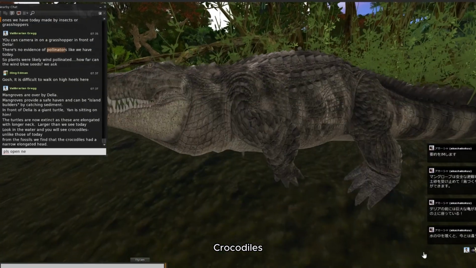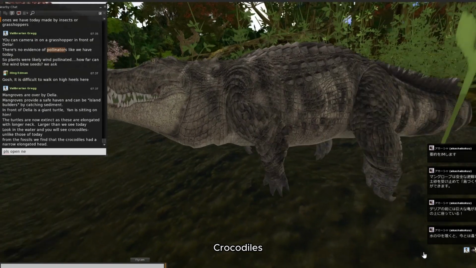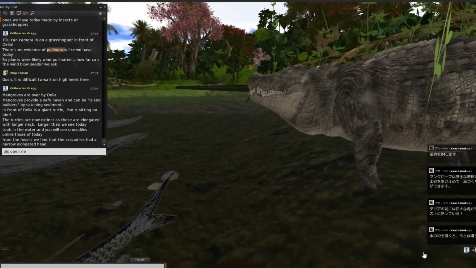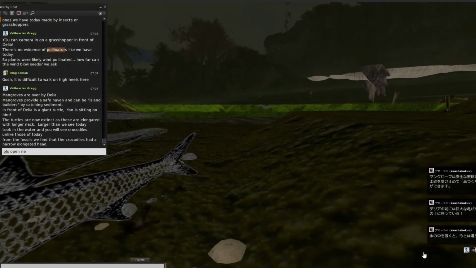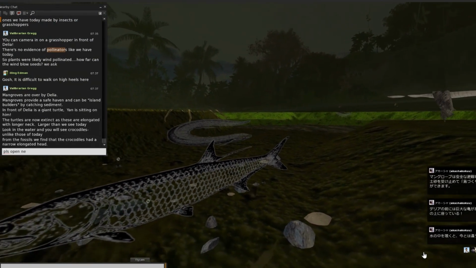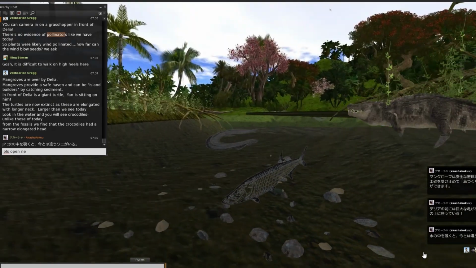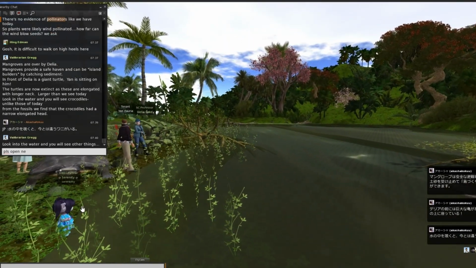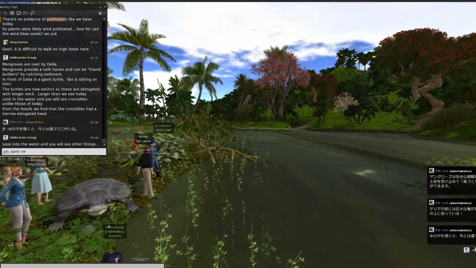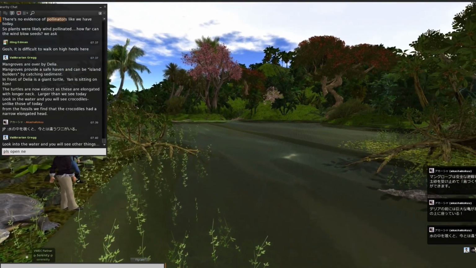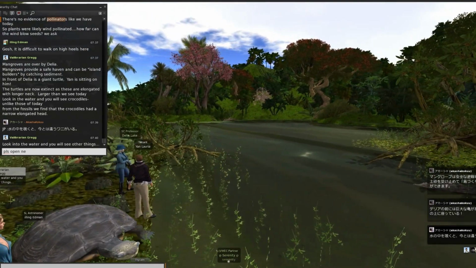If you look into the water, you'll see other things. Jan talked about the volumes of creatures in the water that would die and make the sludge that turns into the mudstone.